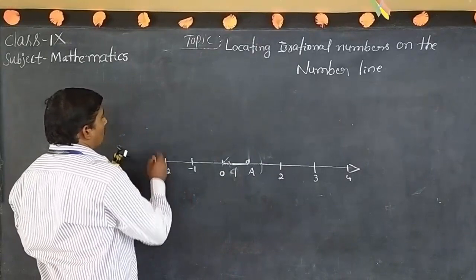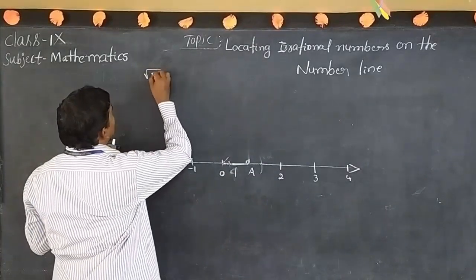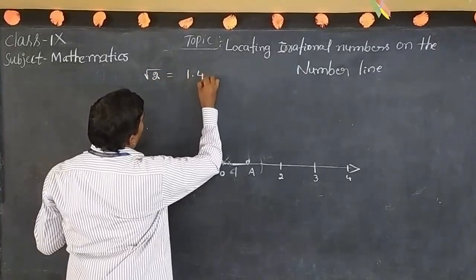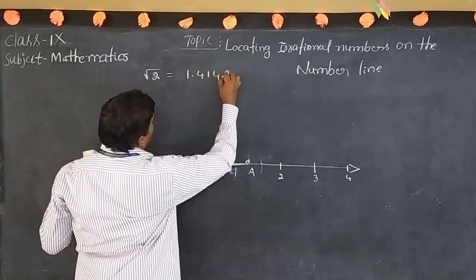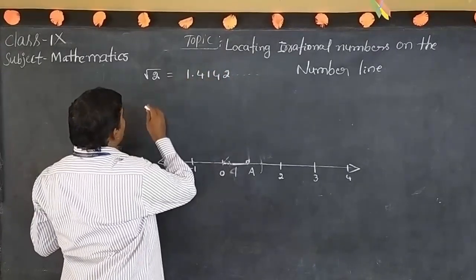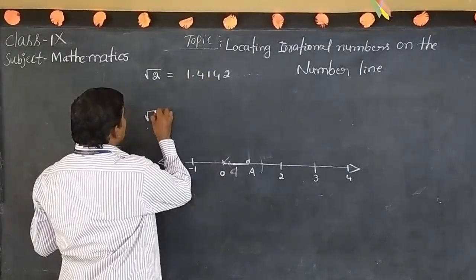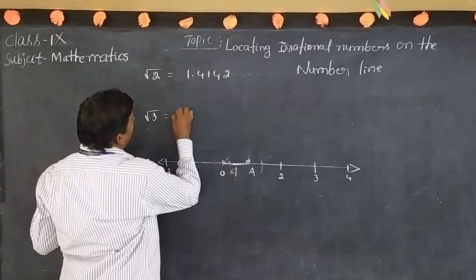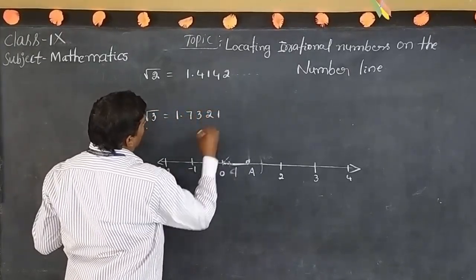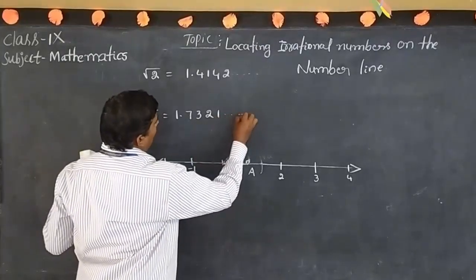For example, root 2 is equal to 1.4142 and so on. In between root 2 and root 3, root 3 is equal to 1.7321, okay, and so on.